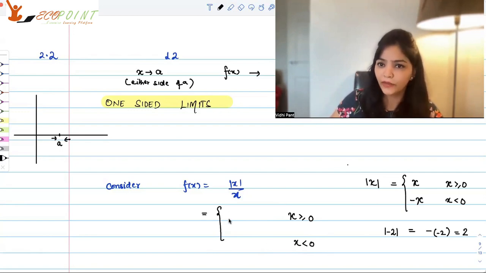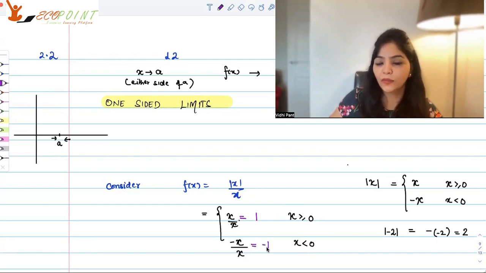When x is greater than or equal to 0, this function will look like x upon x, and that would be equal to 1. Well, on the other hand, when x is less than 0, the function will look like minus x upon x, and that, my friends, would be equal to minus 1.